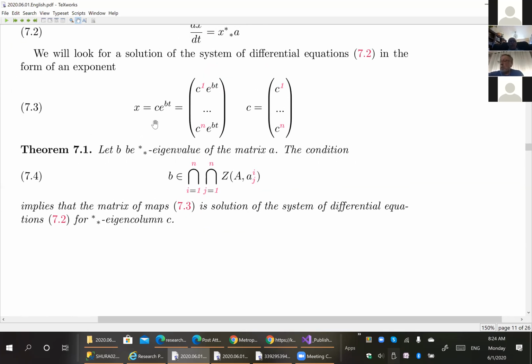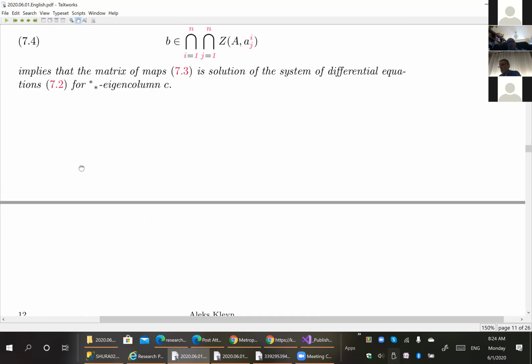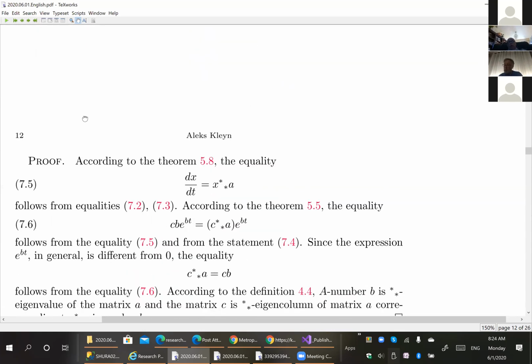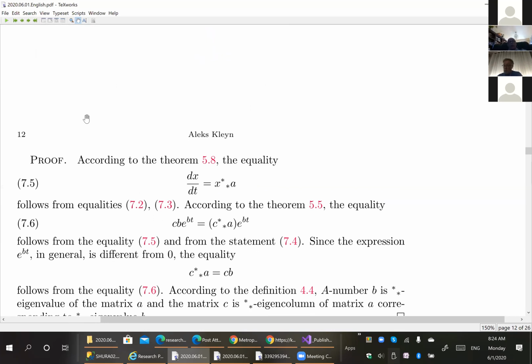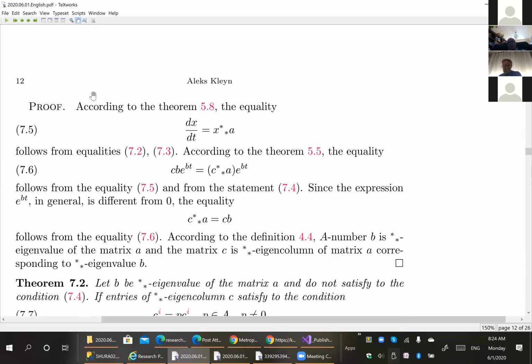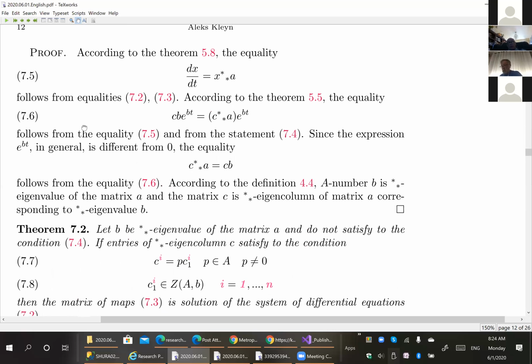We write the constant on the left side now, and we require that B should commute with the entries of the matrix A, or the arbitrary constant that we choose for our solution should commute with the eigenvalue B.